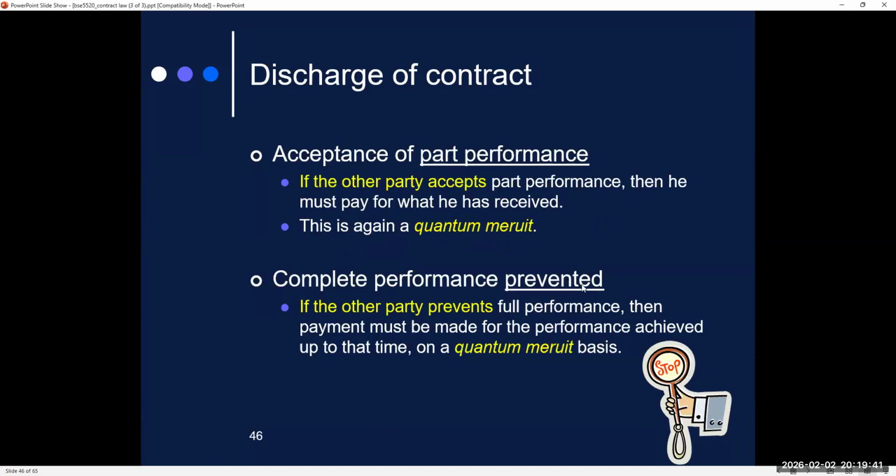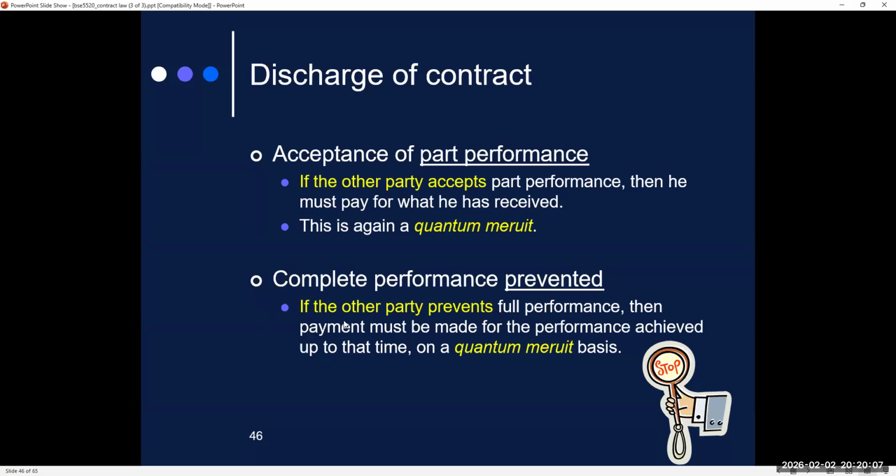Complete performance prevented. Sometimes the party would like to complete the entirety of the contract, but it is prevented from doing so. It's not possible to complete 100%. For example, if the other party prevents performance, then payment must be made for the performance achieved.